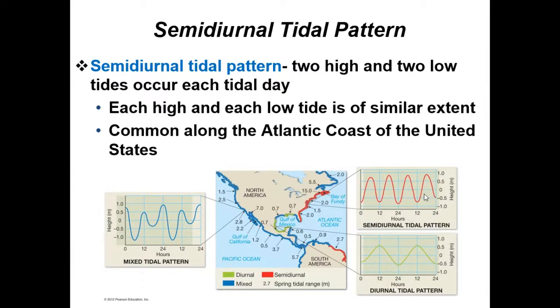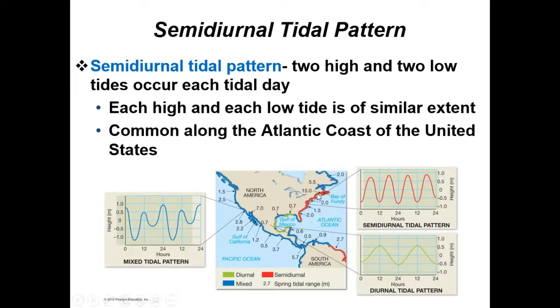That means the high tide is always going to be about the same elevation increase, and low tide is always about the same elevation decrease. The same applies with diurnal down here as well. So basically, the semi-diurnal is just twice as many tides per day. That's really all it boils down to.